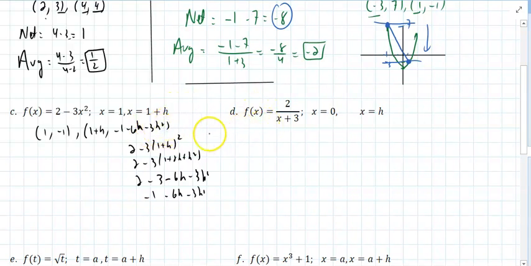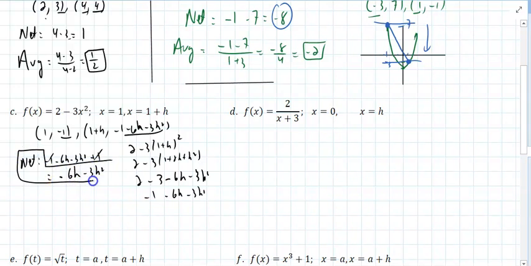So if I want to find the net, that would be y2 minus y1. That will simply be negative 6h minus 3h squared. That's the net. If I want to find the average, no need to reinvent the wheel. I already did y2 minus y1. That's negative 6h minus 3h squared over x2 minus x1.